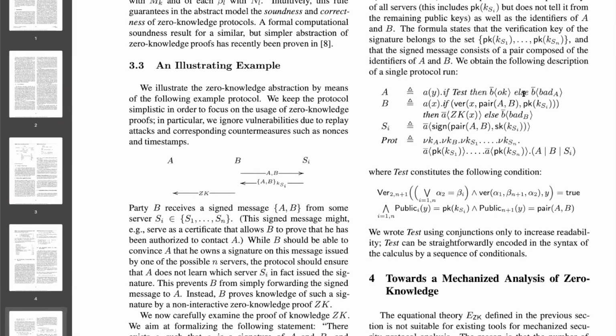B is receiving some value, and if you get a verification that X looks like the signing of a message AB with the private key KSI, then you send over to A zero knowledge of X. Else you say, hey, you sent me a bogus certificate.